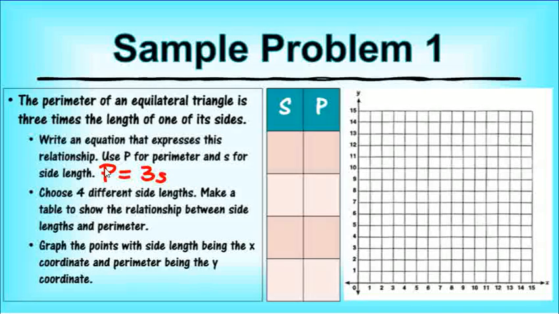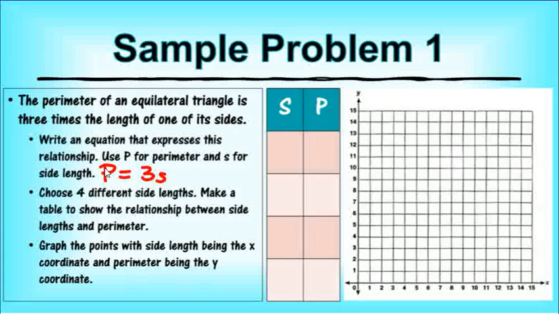So 3 times S, or it could have been S plus S plus S. But the simplified form would be 3 times S. Now it says choose 4 different side lengths. Make a table to show the relationship between the side lengths and the perimeter. And then graph the points with side length being the x coordinate and the perimeter being the y coordinate.